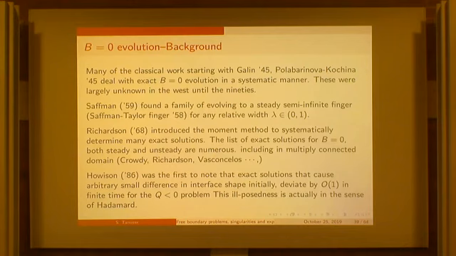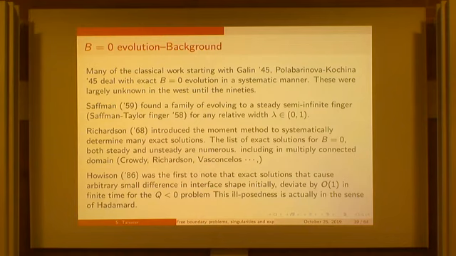Okay, so the classical work starts from Galin in '45, and Polubarinova-Kochina, who lived more than 100 years or something like that. No, it was 100, but she published the last paper, which was '99, wasn't it? Oh, okay. She died only 20 years ago, and she was 100. Yeah.